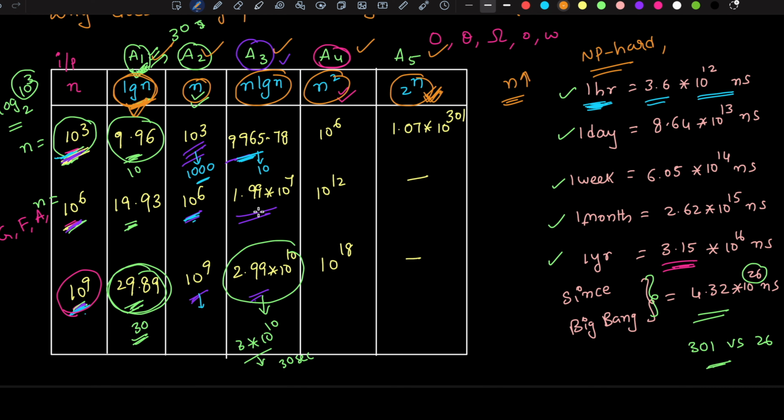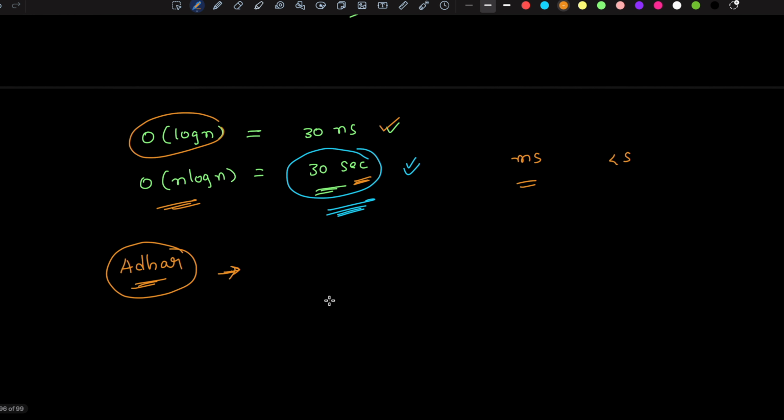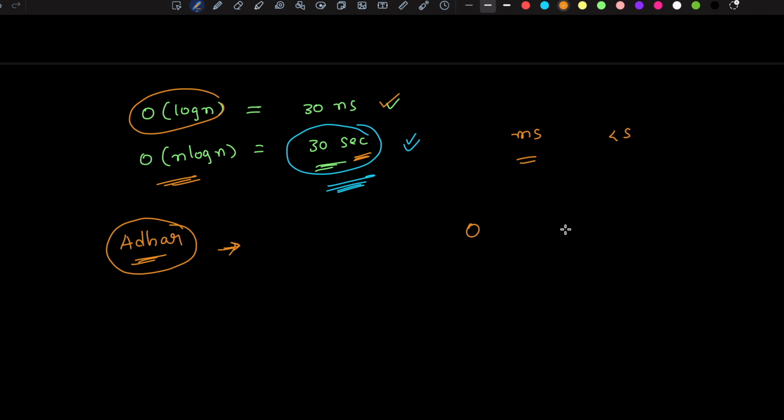But the key takeaway is this: asymptotic analysis is not just theoretical mathematics, it directly impacts real-world system design. When designing systems for, let's say, identity verification, sorting a large data set, finding the shortest path between two locations, searching for people in a database, or search engines like Google and social platforms like Facebook, all of these depend on choosing the algorithm with the right asymptotic order.